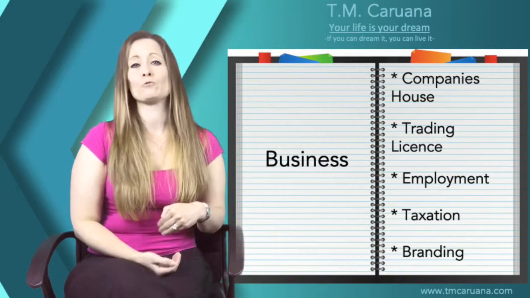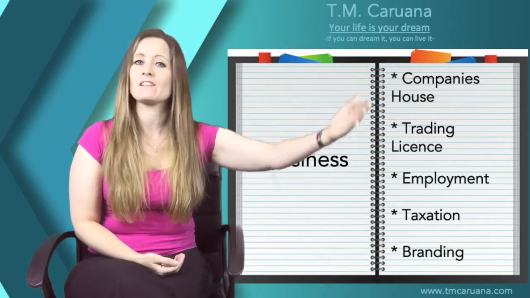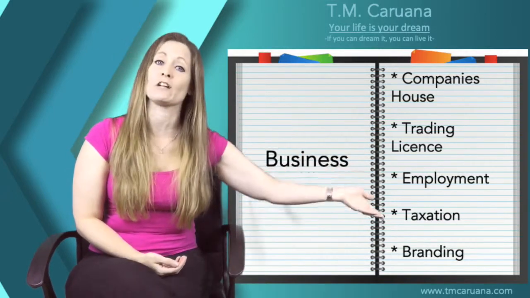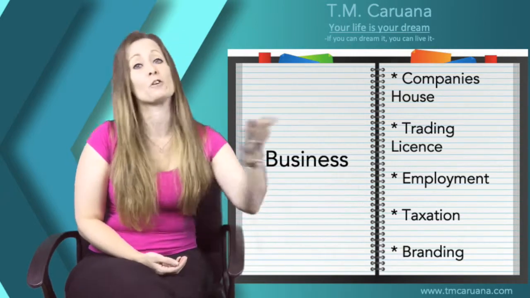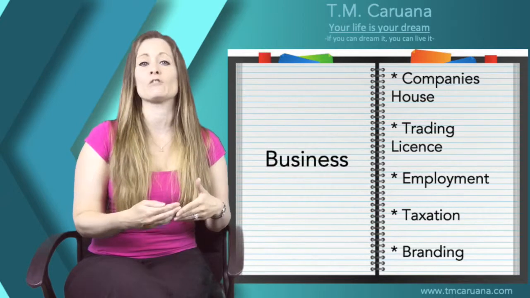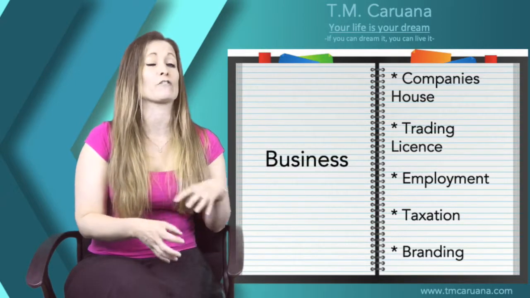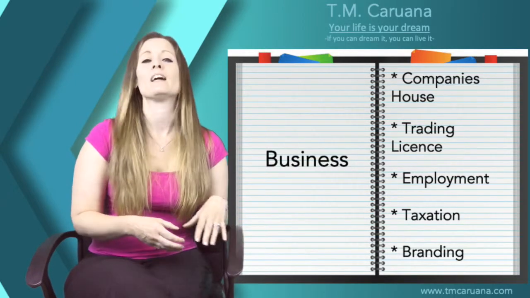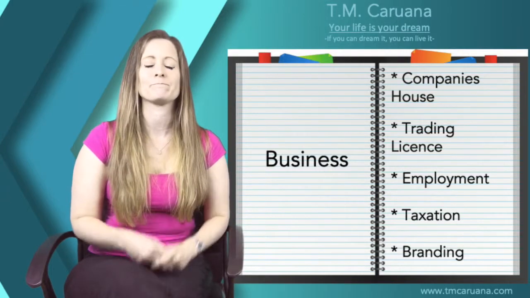I went to the employment agency first, and they said no, because you need to register with Companies House first. So there might be an order to this. If you call around asking what you need to do before you start, it might save you a lot of grief going around to different departments and wasting a lot of your time during the day.